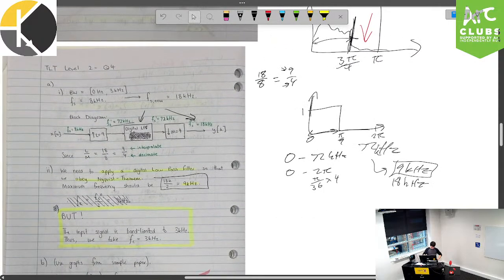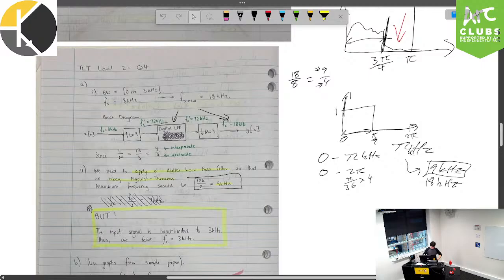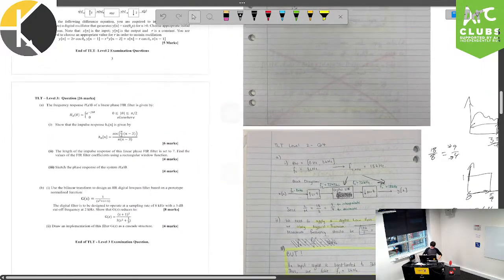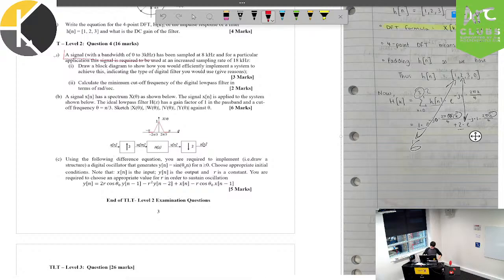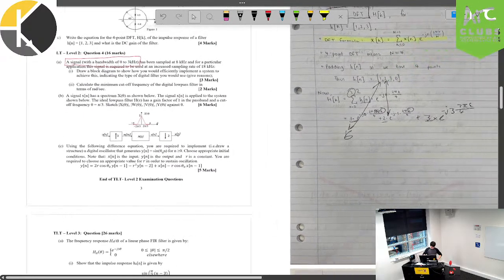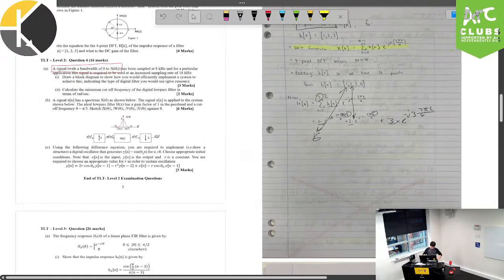It would still be, I think, 3 kilohertz. Let me double check. Yeah, so the signal itself was only at 3 kilohertz. So we only really need to analyze that kind of section. Okay, that's the minimum thing you could use.